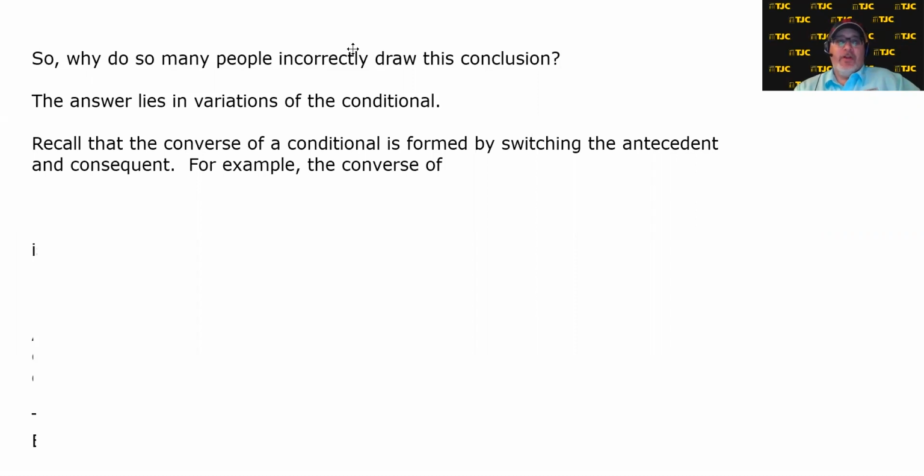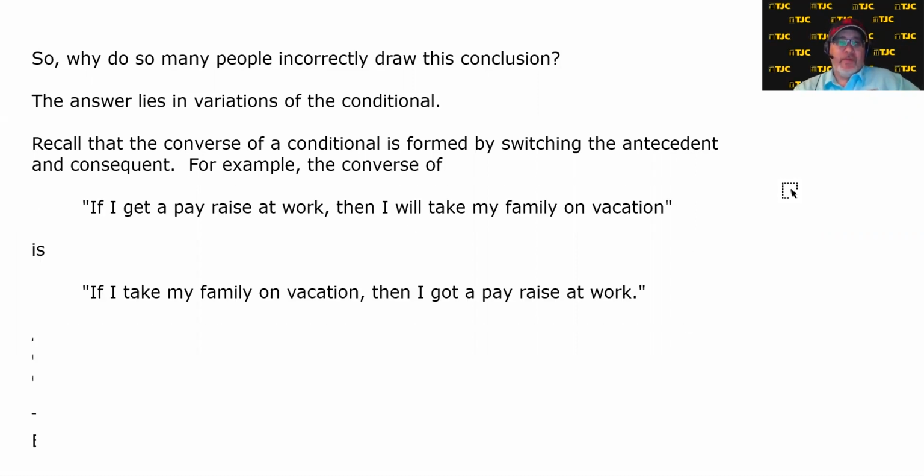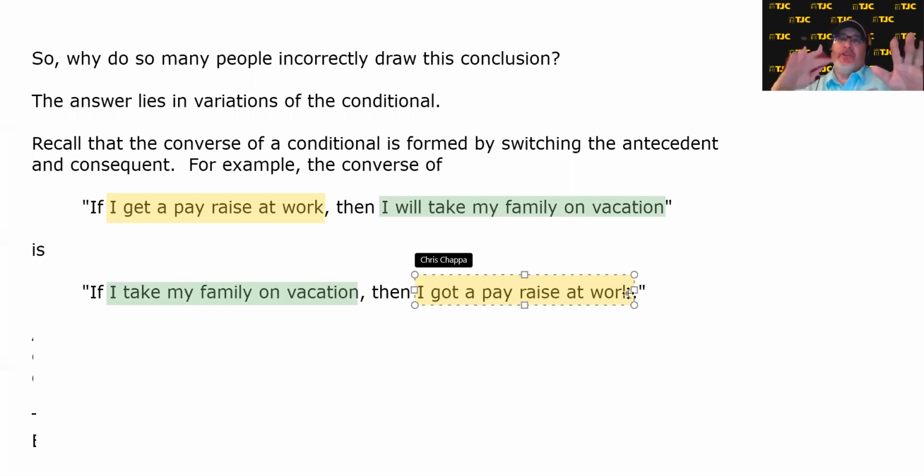For example, the converse of 'if I get a pay raise at work, then I will take my family on vacation' is 'if I take my family on vacation, then I got a pay raise at work.' Again, you can be a little bit liberal with the verb tenses. The yellow one went from present tense to past tense, but regardless, that's the converse of this statement.